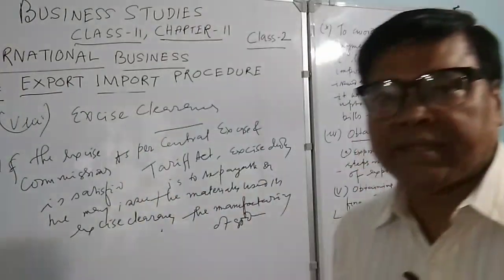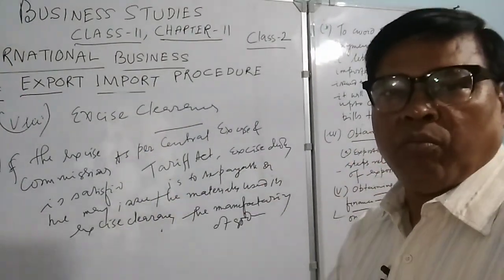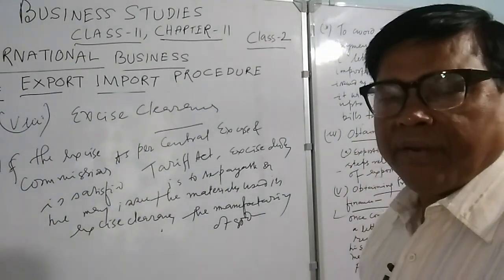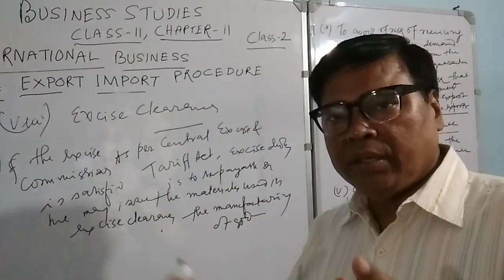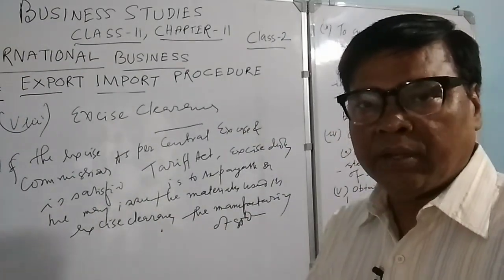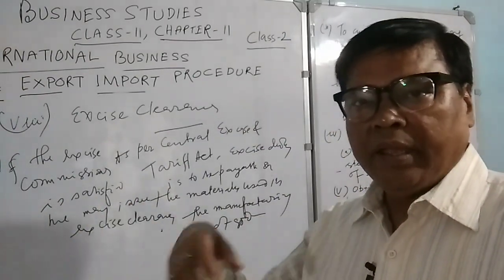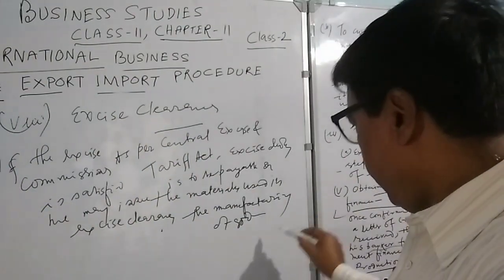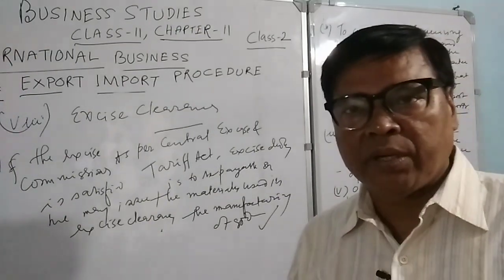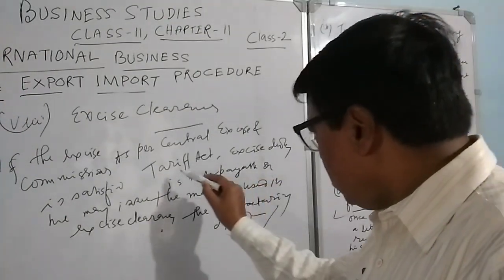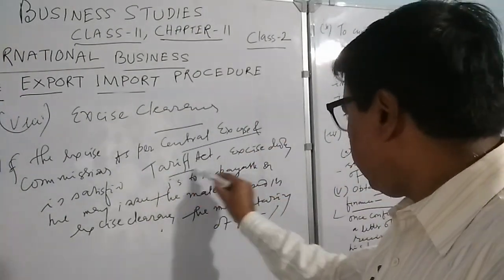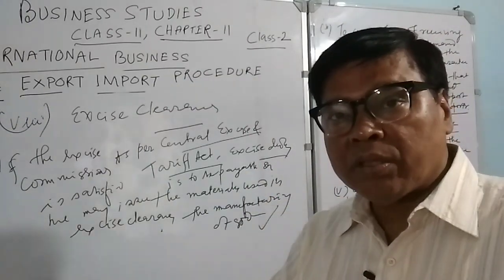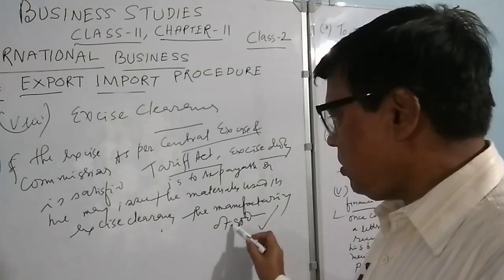See, this excise clearance is also an important document. In your homeland, when you send goods, your home country excise department should know the excise payment is made. But when it is being exported to an outside country, as per the Central Excise and Tariff Act you have to pay excise duty for the materials utilized for the export of goods.